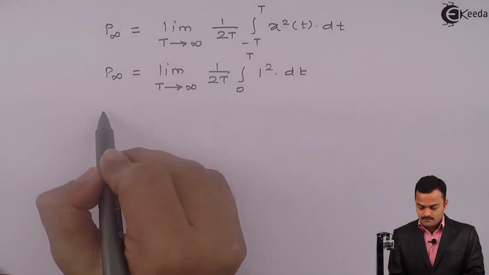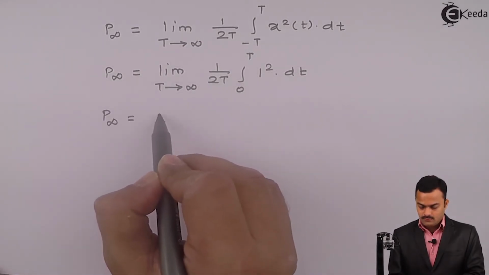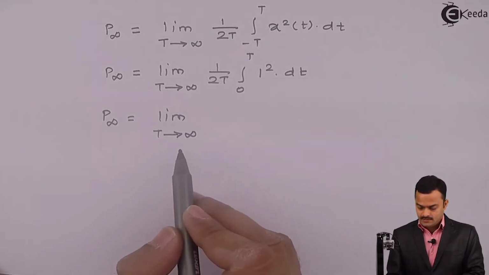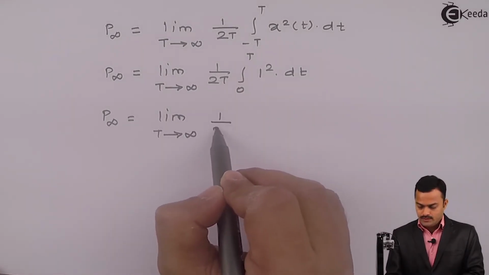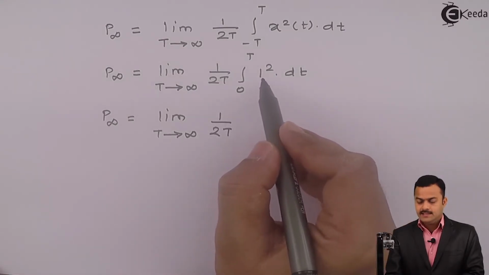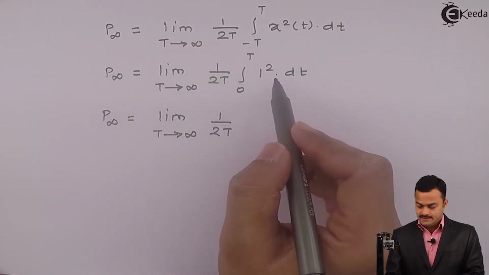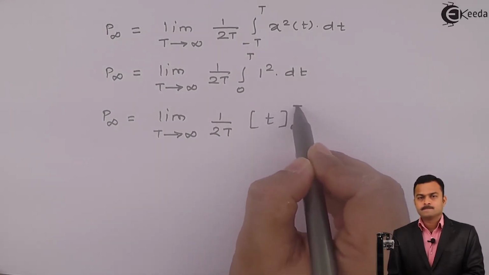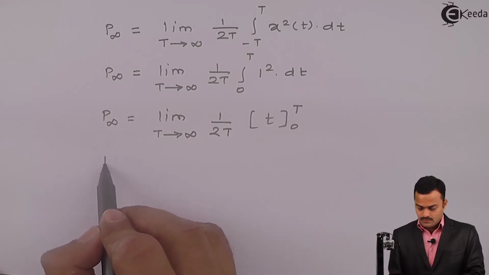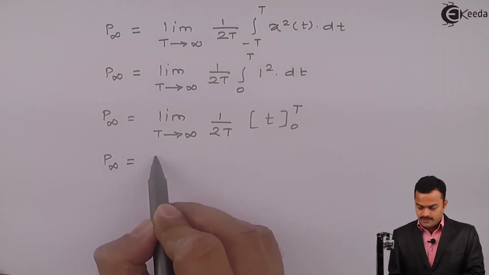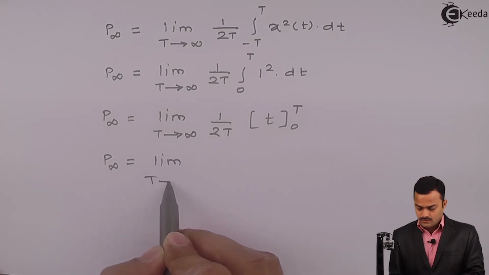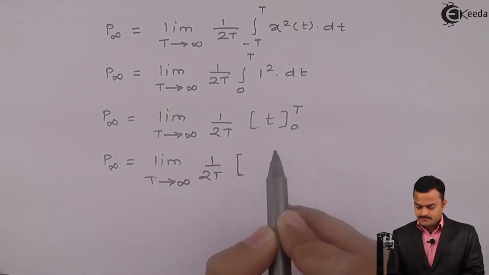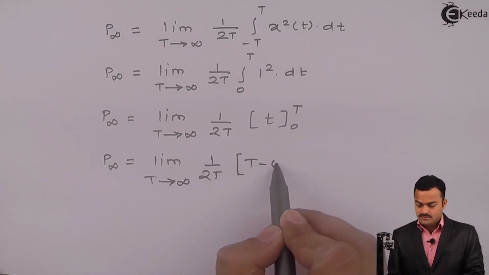If we solve this, we will get 1 upon 2t, and inside the bracket there is a dt whose integral is t, with the limits 0 to t. So we will get the answer by applying the limit, which is nothing but t.